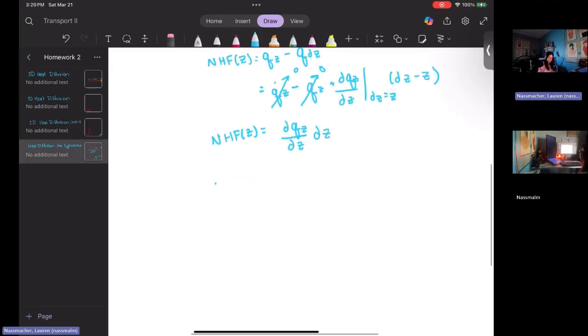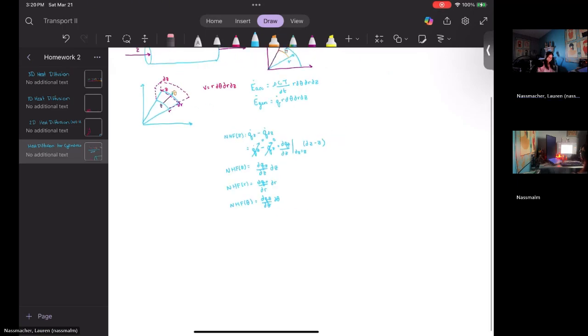And that's going to be the exact same format for both the radius and theta. So we have our heat flow of the radius over our change in radius, multiplied by the change in radius once again. And then for our theta, our heat flow of theta over our change in theta multiplied by theta.